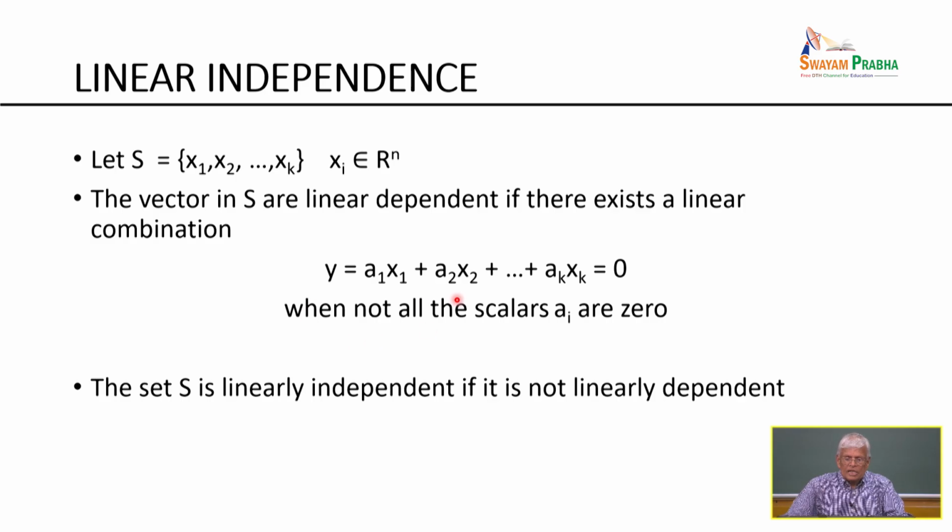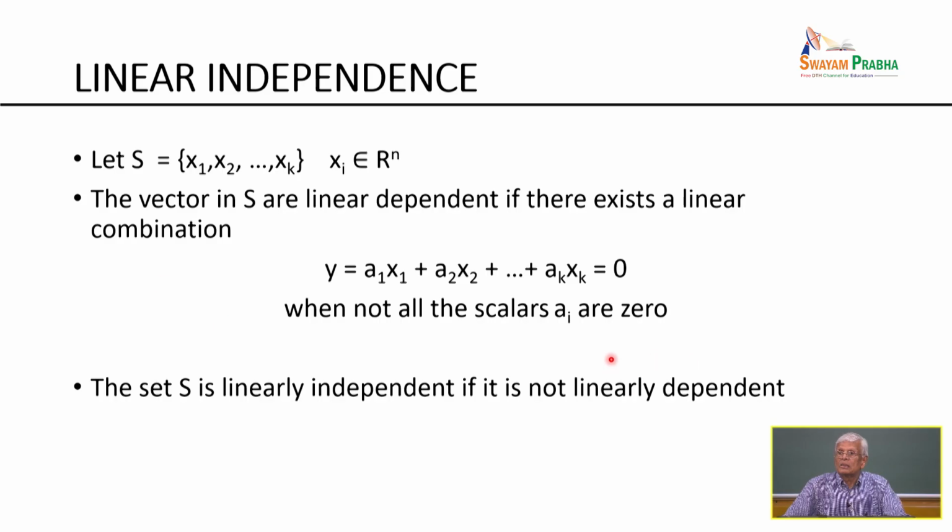That means given x1, x2, ..., xk, I can find constants a1, a2, ..., ak such that a1 x1 plus a2 x2 plus ... plus ak xk gives the zero vector. If I have the ability to do this, we say the collection of vectors x1, x2, ..., xk is linearly dependent.